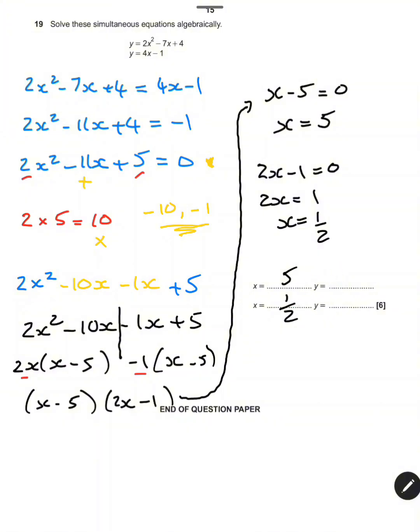We just need to get corresponding y values. Well, if we go right back here, we've got y is just 4 lots of whatever your x is, then take 1. So from first x value, I'm going to times it by 4, then take 1. 4 5s are 20, take 1 is 19. And my second x value, I'm going to times it by 4, and then take 1. 4 times a half is 2, and then take 1 is 1. There's your final answers.